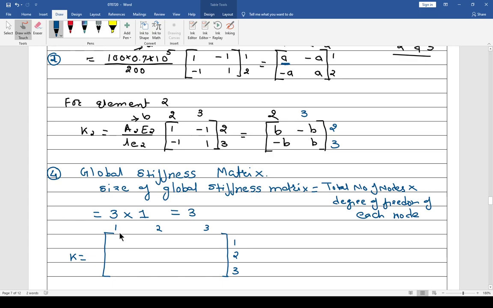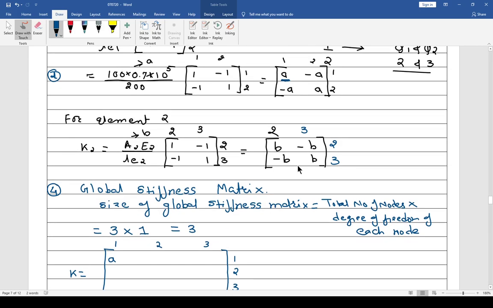So my 1 1 is A. Similarly, I try to find 1 2. 1 2 is this element, so this will be minus A. There is no existence of element 1 3 and therefore it is 0.